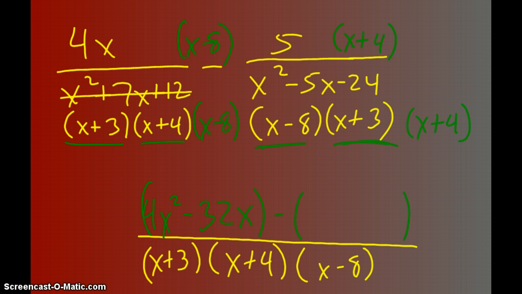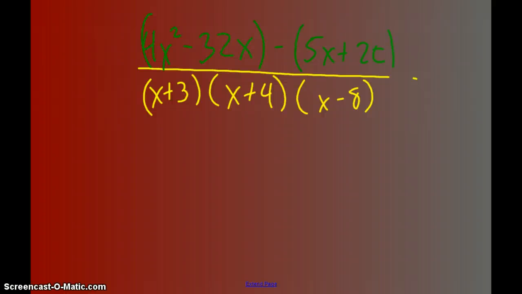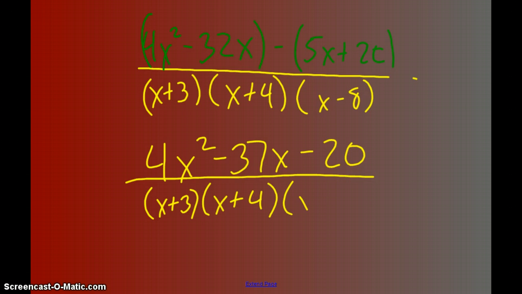When I multiply 5 times x plus 4, it's 5x plus 20. Which gets us to our final answer, once all like terms are combined, of 4x squared minus 37x minus 20 over x plus 3 times x plus 4 times x minus 8.